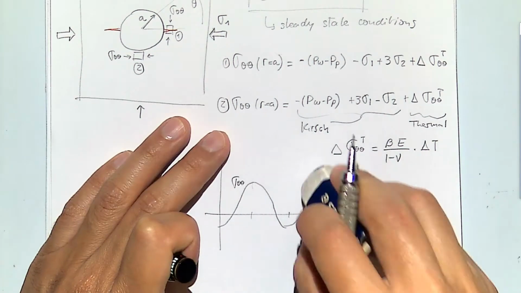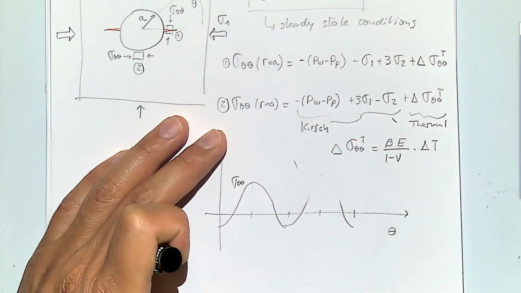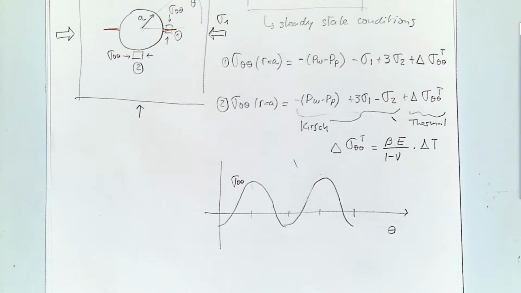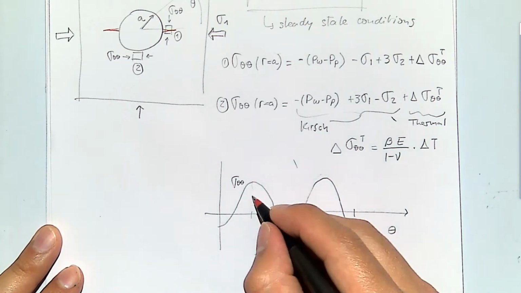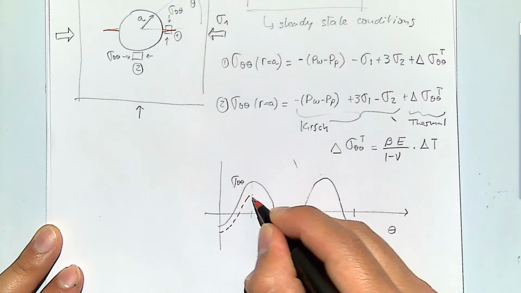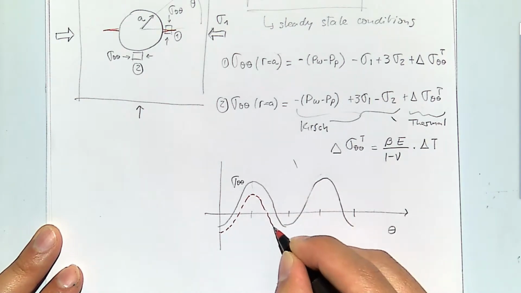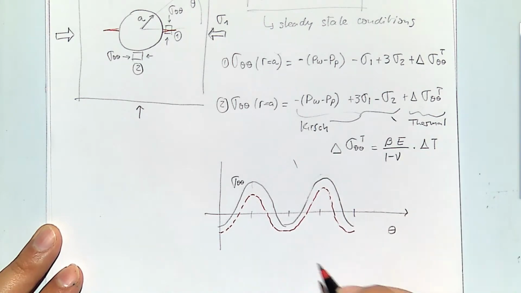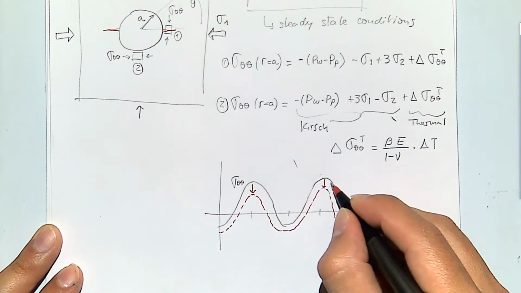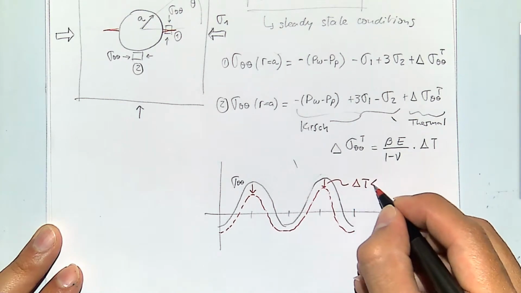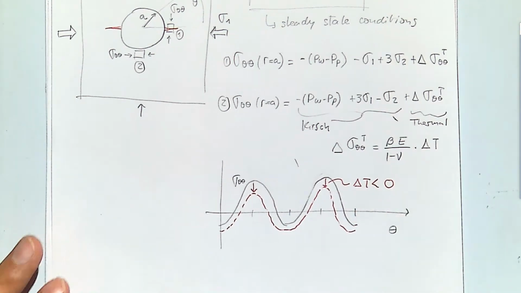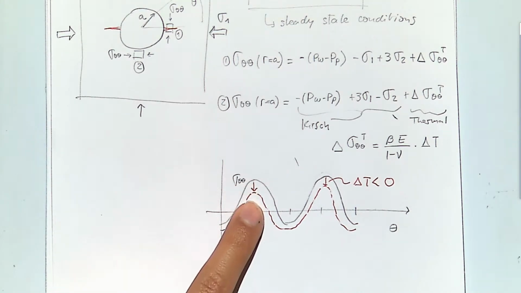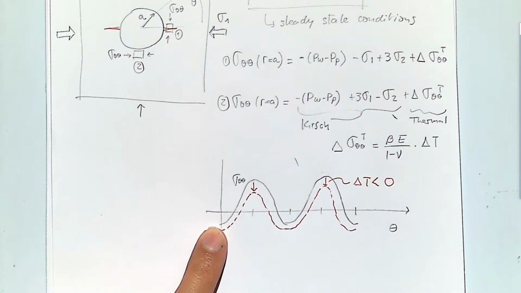If you have a change of temperature, then this sinusoid is going to move. Let's say that we have a negative change of temperature. All the hoop stress is going to move. And the points in which you have high compression will have less compression. Points where you had some tension, you have more tension.